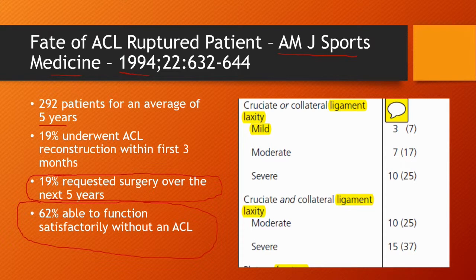And this may come as a surprise to you that more than half of the patients in this study were able to resume their normal sporting and daily living activities without the passive restraint provided for by an intact anterior cruciate ligament. And this is not such a surprise to me because I myself suffered a ruptured anterior cruciate ligament at approximately age 17, more than 40 years ago, and it was never reconstructed.